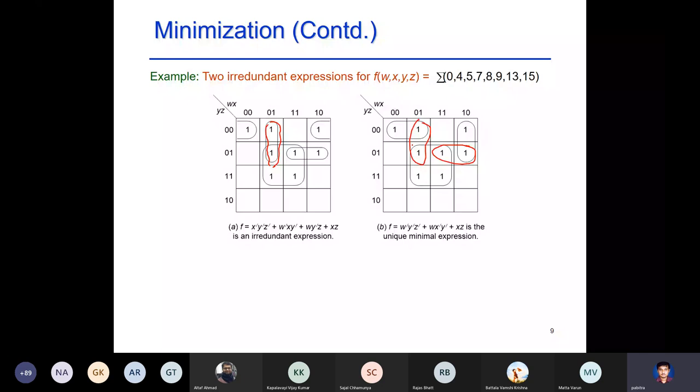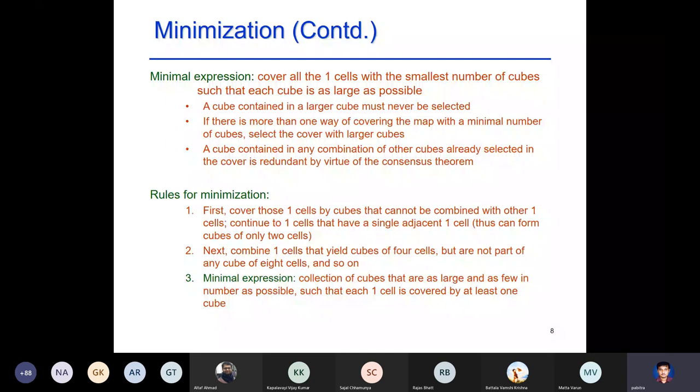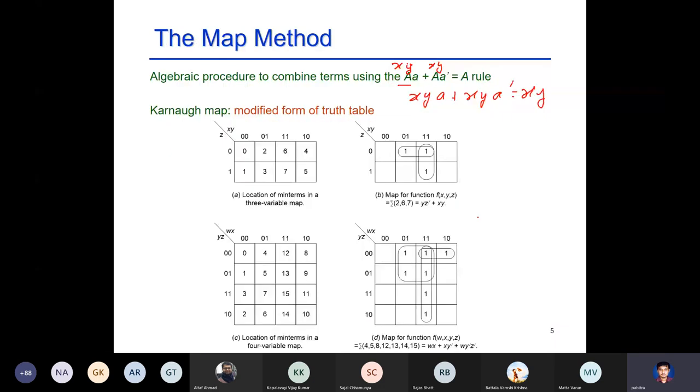It has to cover all the min terms, and the cells within a cube have to be adjacent. I think that was obvious. They have to be adjacent, otherwise you cannot include them in a cube. Similarly, here they are adjacent. You can only enclose adjacent true min terms.